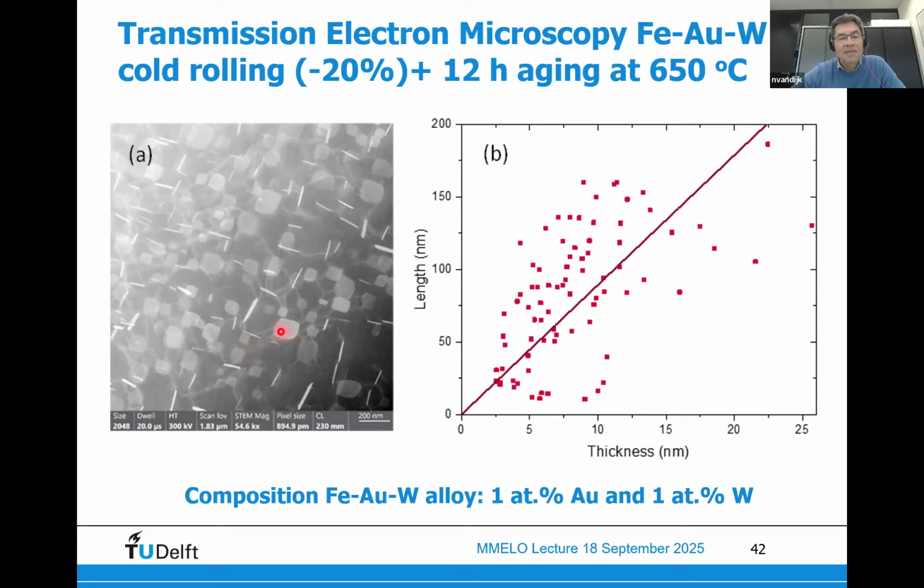All the plate normals of these gold precipitates are aligned with the principal axes of the BCC cubic lattice. So you have 3 orientations: we see a flat particle, we have a line like this, and we have a line like that. Those line up with the principal axes of the ferrite grain in which these plates are formed.